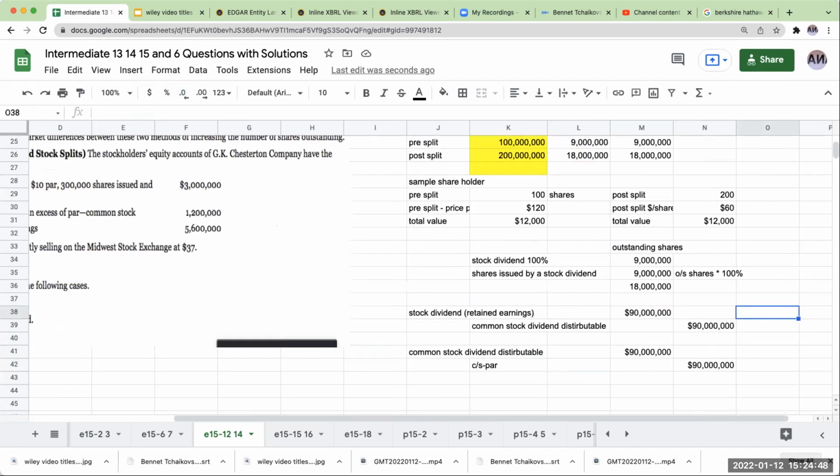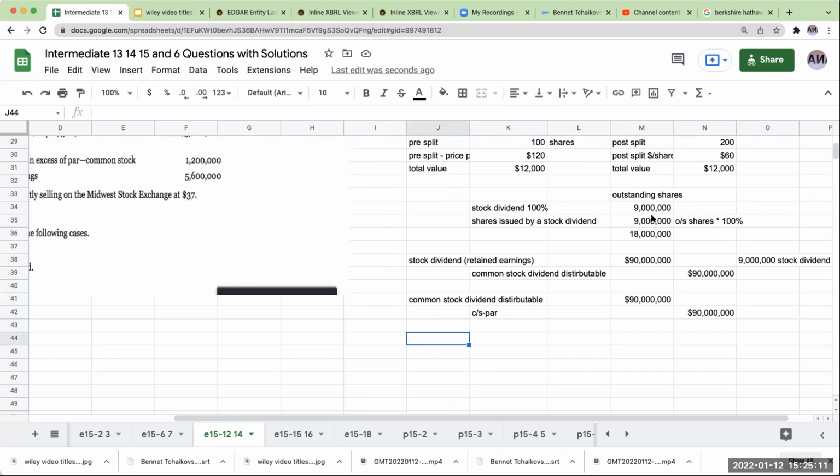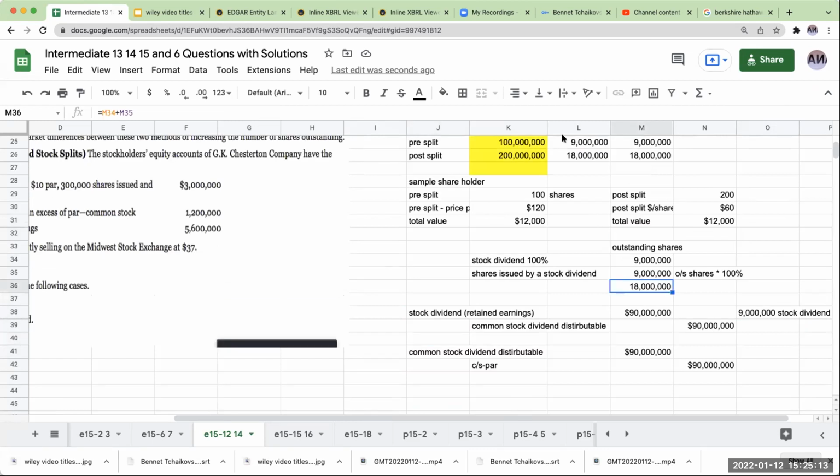I got this 90 million by taking 9 million stock dividend times $10 par value per share. So that's how this came up. Now, in my opinion, this is going to get closed out to retained earnings. We have now artificially deflated retained earnings, and you're pretty much getting to the same result.